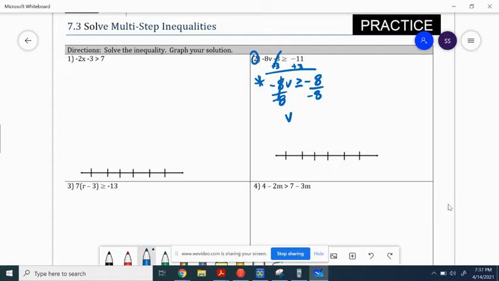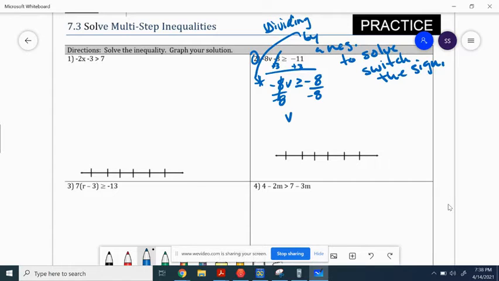Remember, if we divide by a negative to solve, we must switch the sign, or flip the sign, whatever you want to call it. So now it's going to be v is less than or equal to, and we get negative 8 over negative 8, that is positive 1.